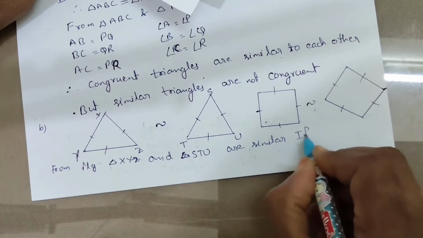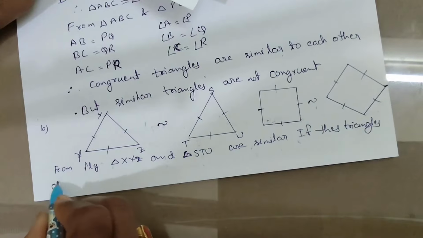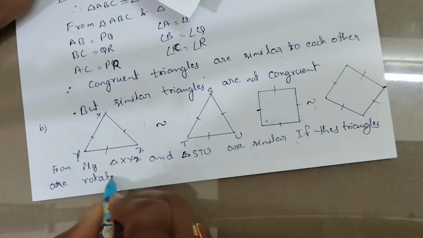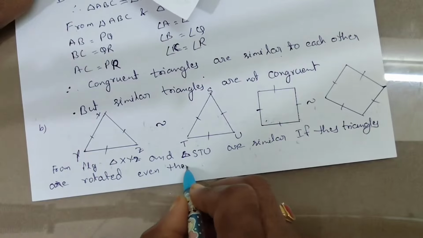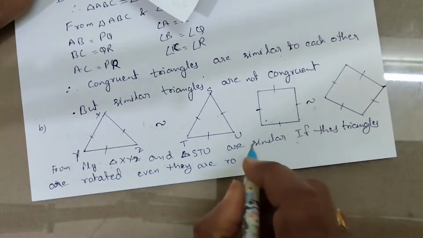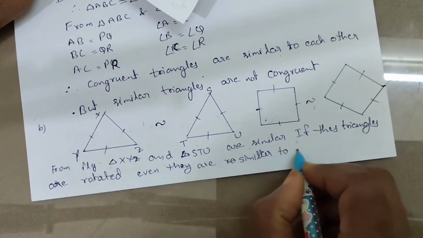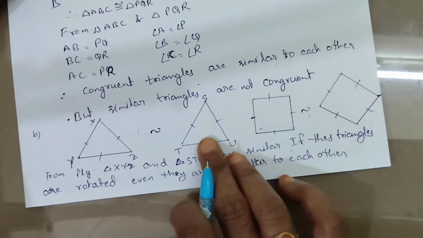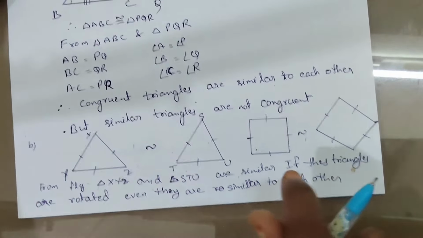If these triangles are rotated, even then they are similar to each other. The first two pictures are similar, and after rotating, these two pictures are also similar. That is the second answer.